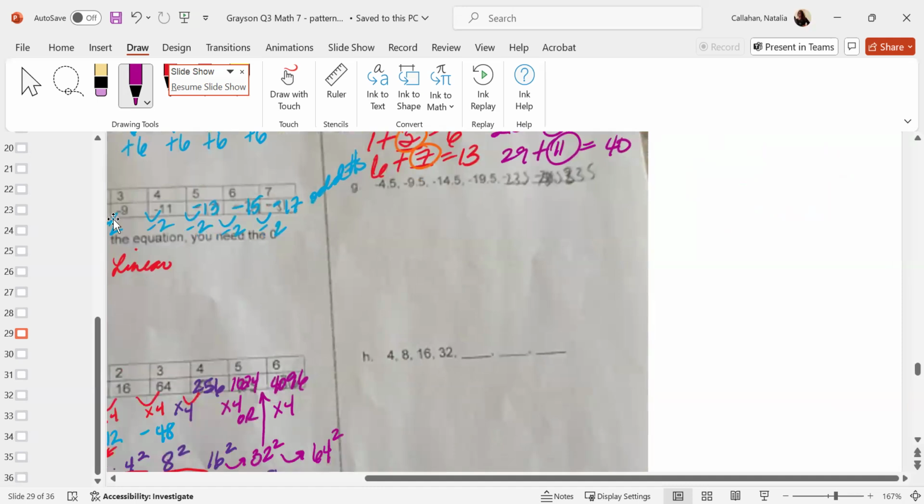Okay, G. How are you getting from -4.5 to -5.5? Just adding 5. No, not adding 5. They're subtracting it.